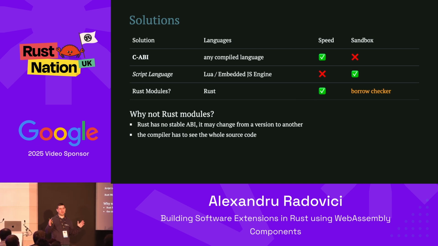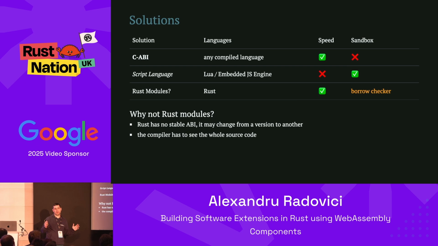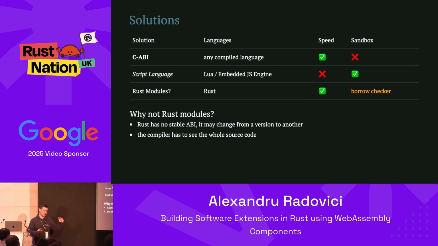So if you want to write a module in Rust and share it in binary form, you have to make sure that the other person using it is using exactly the same compiler. And it's not the same compiler version, it's the same compiler hash. Because from one minor version to another, the ABI, the way Rust represents data, can change.